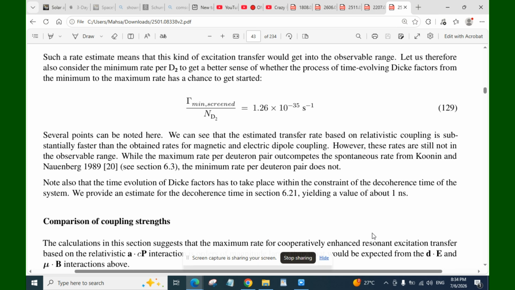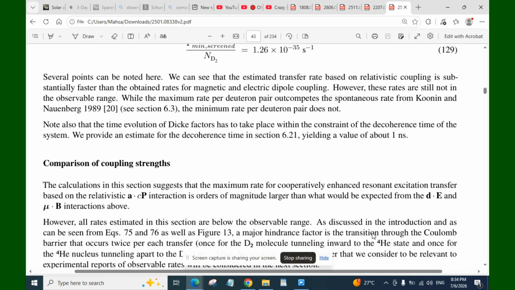The minimum rate per deuterium pair doesn't. Note also that the time evolution of decay factors has to take place within the constraint of the decoherence time of the system. We provide an estimate for the decoherence time in section 6.21, yielding a value of about 1 nanosecond.